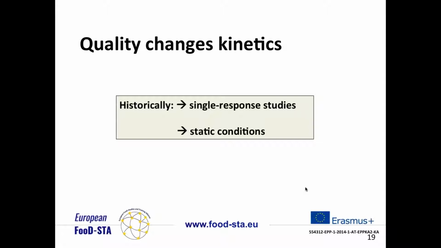Usually, quality change kinetic studies are based on single response studies and under static conditions. And again, many times in practice, the conditions are not static, and several responses are involved.